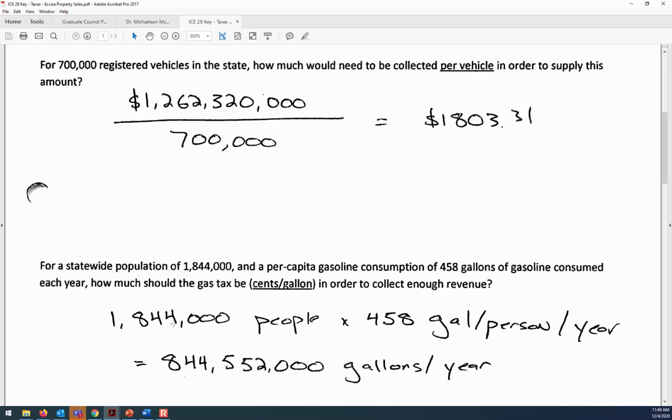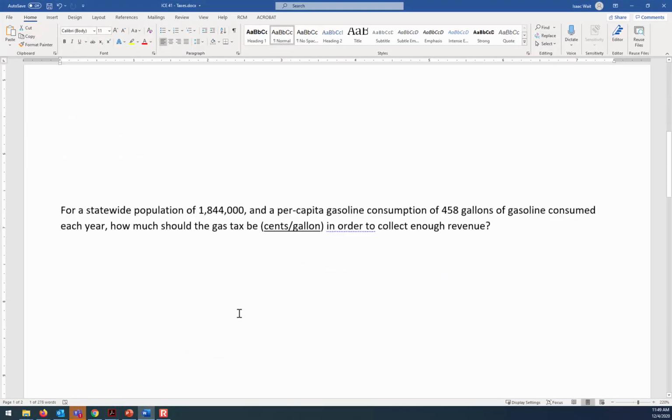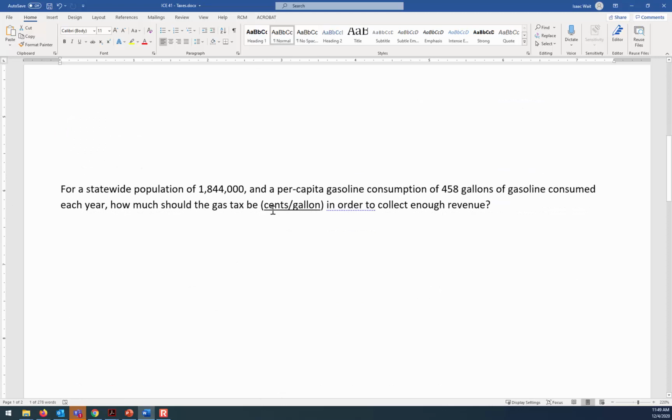And so now let's look at what if the excise tax was going to be collected from excise. How many cents per gallon would the state's gas tax need to be if you're collecting your needed amount of $1.2 billion and you have a population of 1,844,000 and each person is burning 458 gallons of fuel each year?